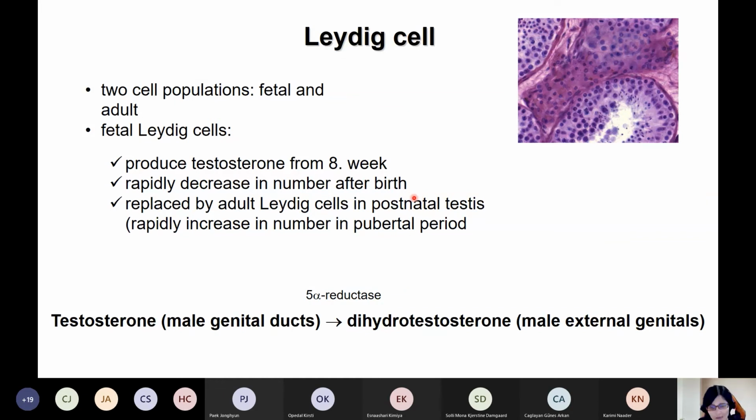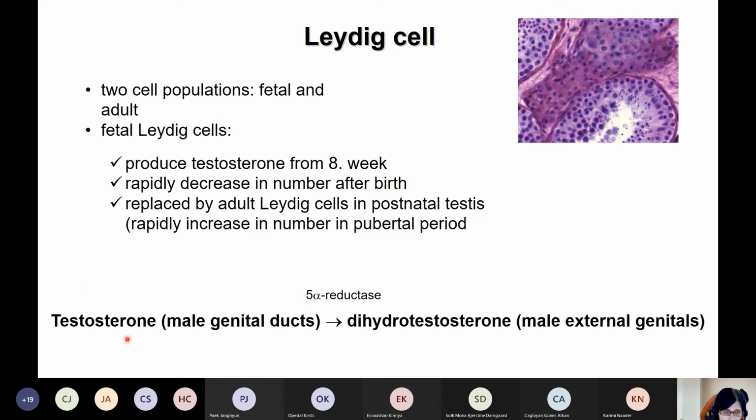Then, after that, already in the postnatal testis, we will have the other cell population of the Leydig cells. They are the adult Leydig cells, and they will show again a very intensive increase in puberty here. The Leydig cells produce the testosterone.